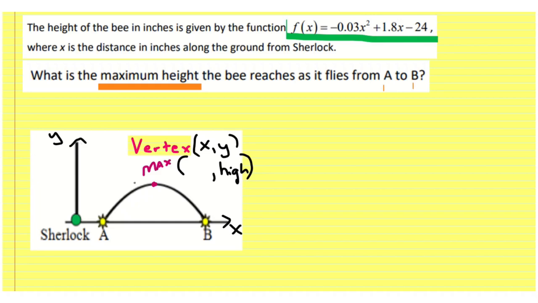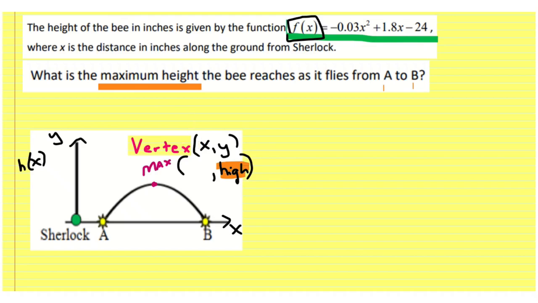And of course, the y is the function value. They're calling the function value f of x, but technically we could call it the height function, because it tells us how high the bee is. So I'm going to change it and call it the h function, because all of these numbers will be height numbers. That's what we need to find: this number right here.